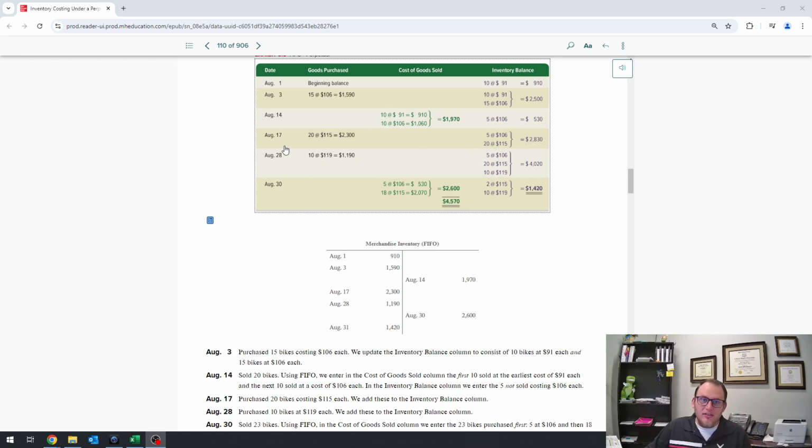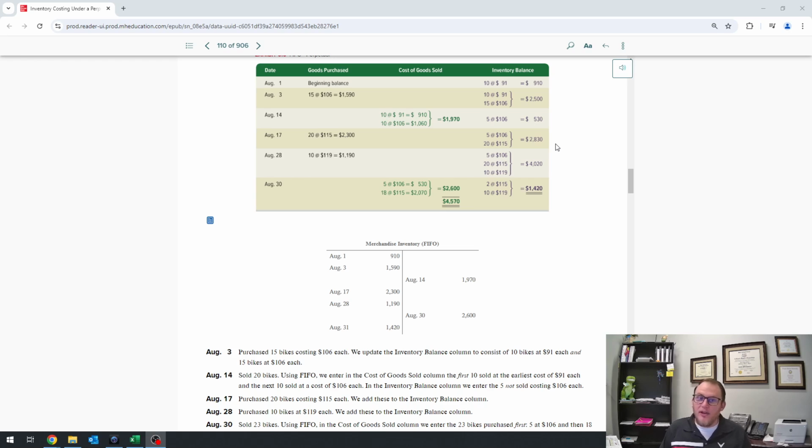On August 17th, we purchased 20 more bikes for $115 a piece. So that's a grand total cost of $2,300. So over here, we're just going to add that to our total inventory balance, our total cost of goods available for sale. So we have a total of 25 units at a cost of $2,830.